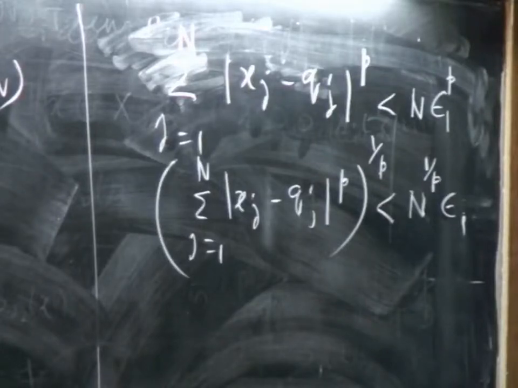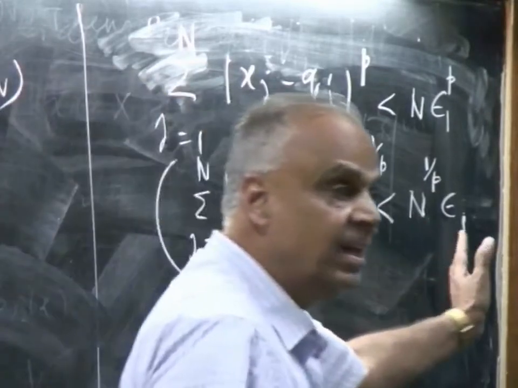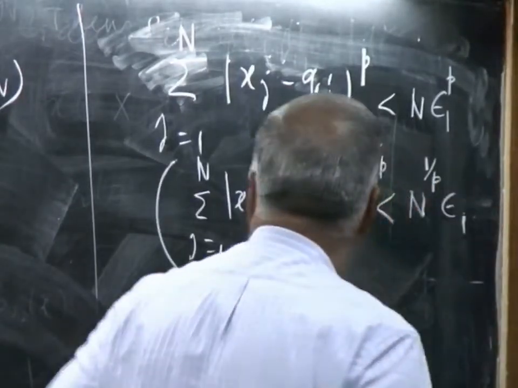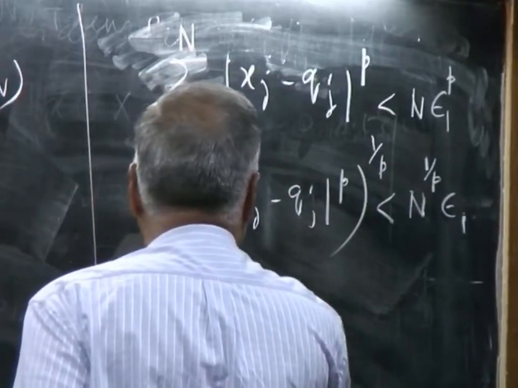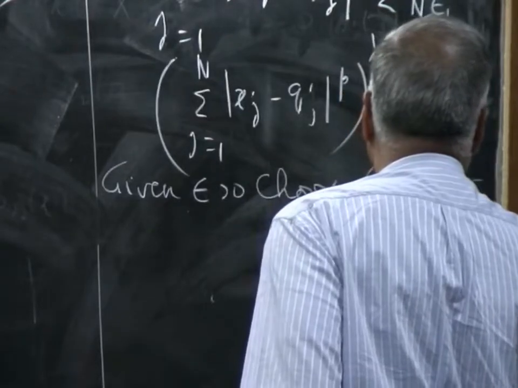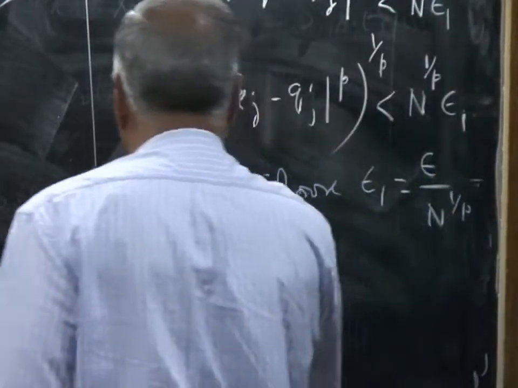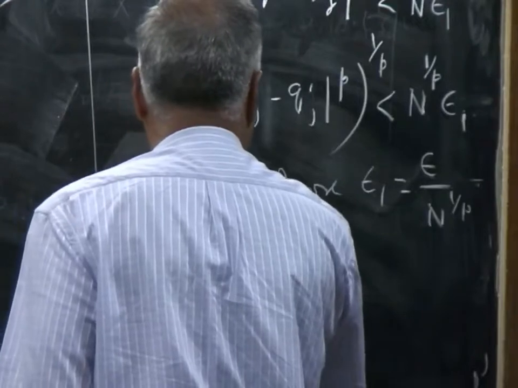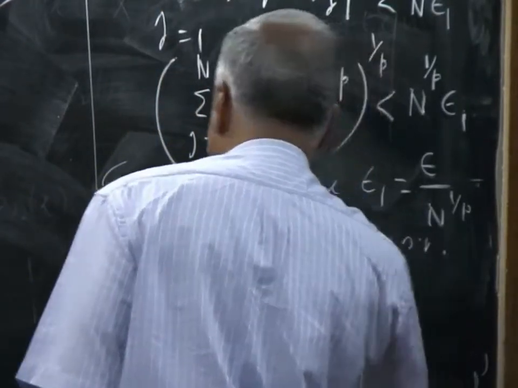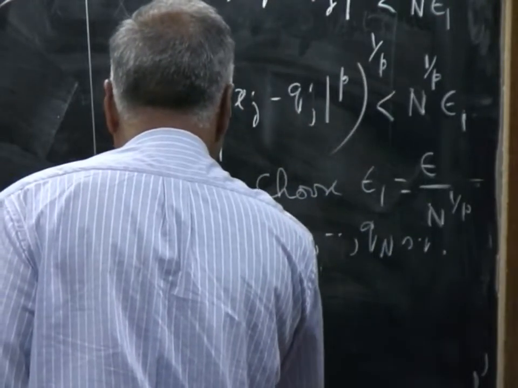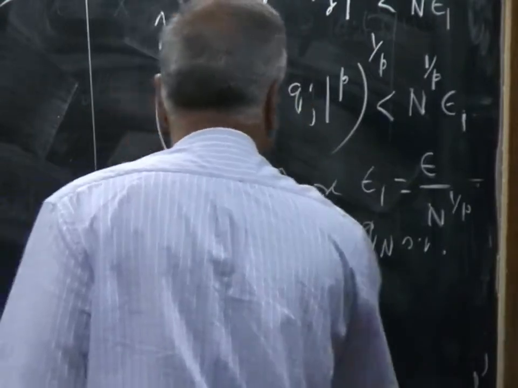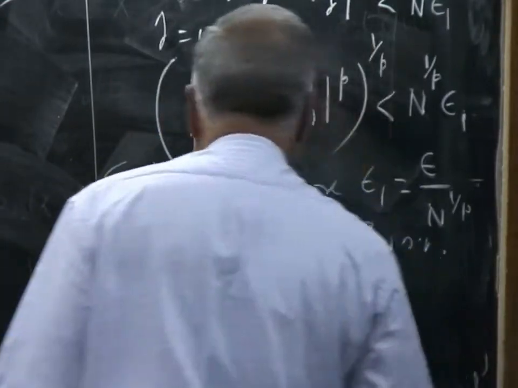Okay, so therefore I want this to be less than epsilon. So how do I choose epsilon 1? Epsilon by n to the power of 1 over p. So given epsilon positive, choose epsilon 1 to be epsilon by n to the power of 1 over p, then we get q1, q2, ..., qn such that the summation j equal to 1 to n of mod xj minus qj to the power of p, all to the power of 1 over p, is less than epsilon.